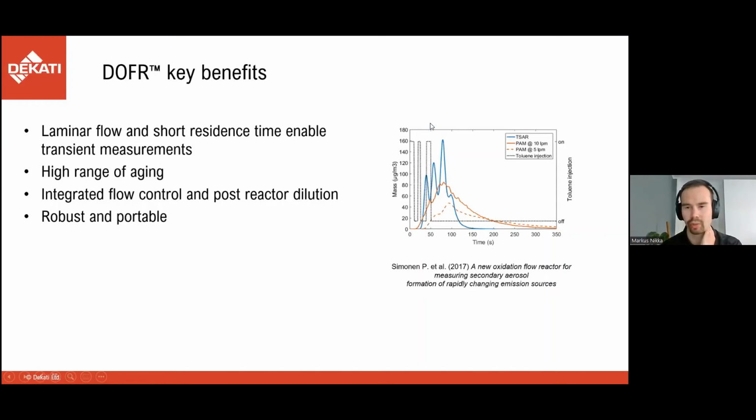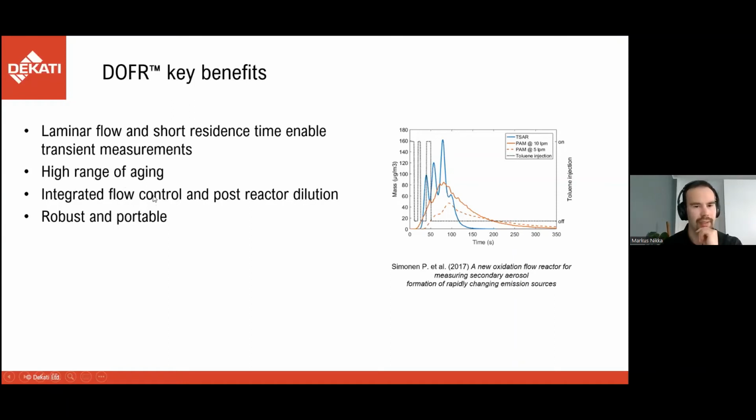So this describes the importance of laminarity and the short residence time if we want to measure these transient phenomena. We also, as we saw, can get quite a large range of aging times, from just a few days up to 1 month.